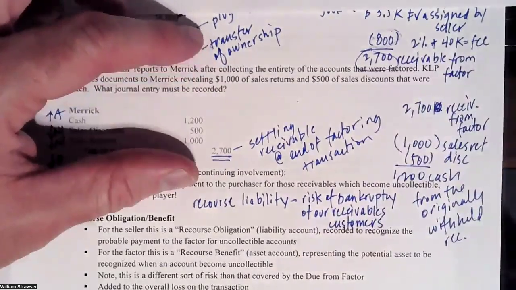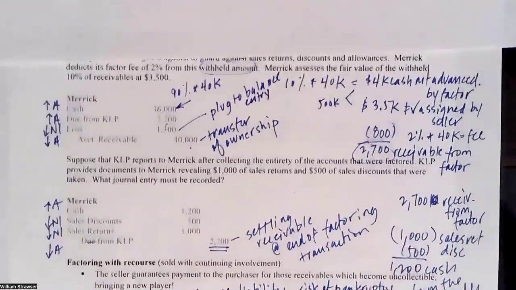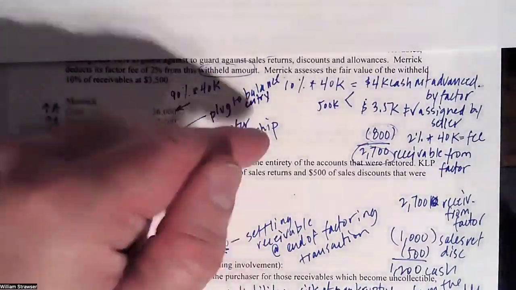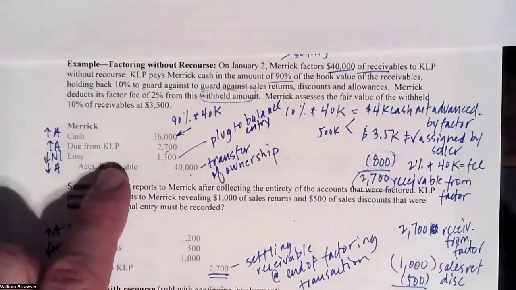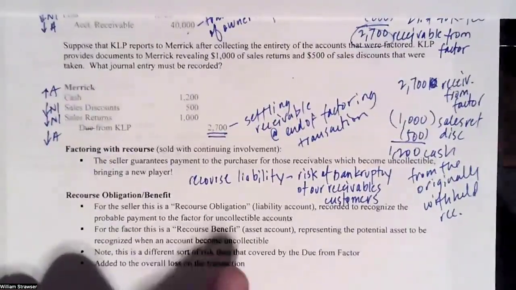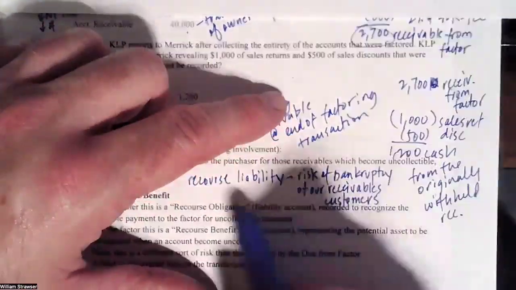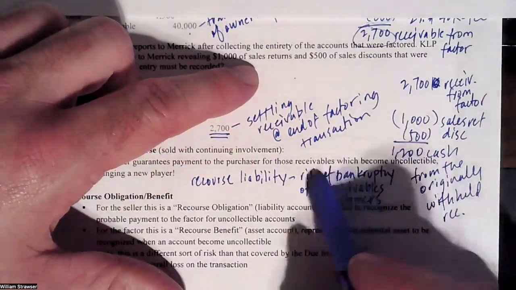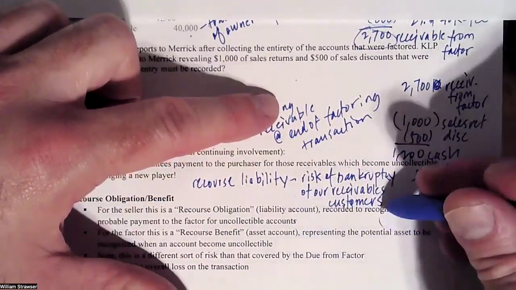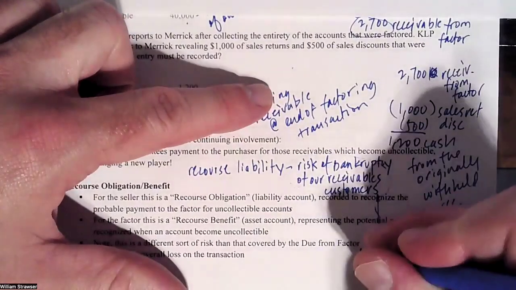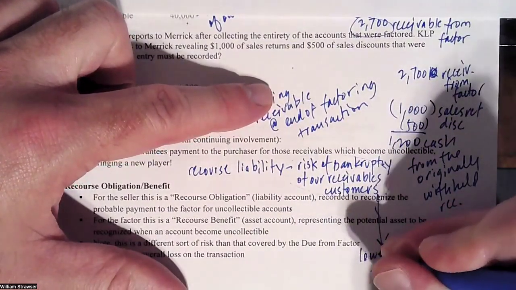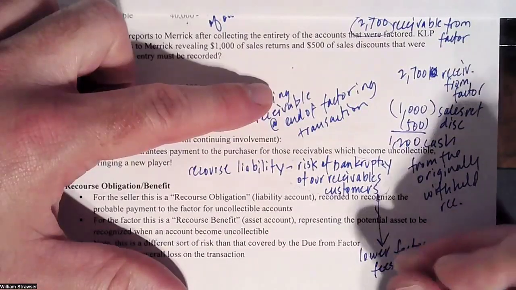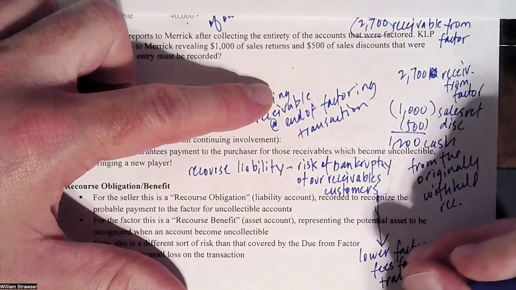So the factor would be forced to take and eat that loss in a without recourse option. But with recourse, the factor no longer has that risk. And because the recourse liability protects against that risk of bankruptcy, it tends to lower factor fees for these transactions, right?